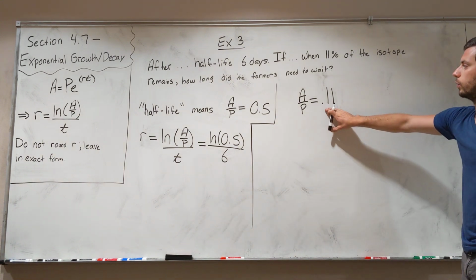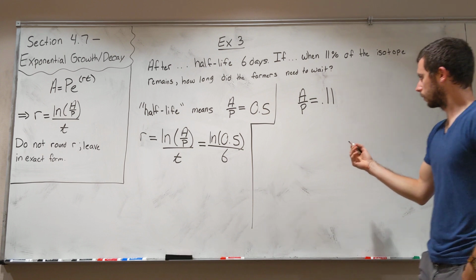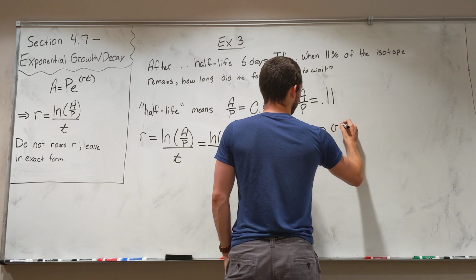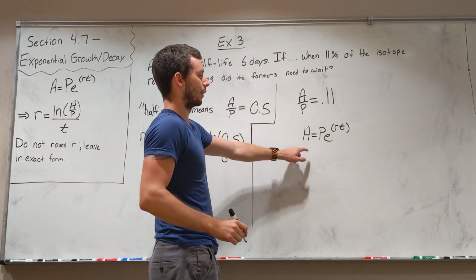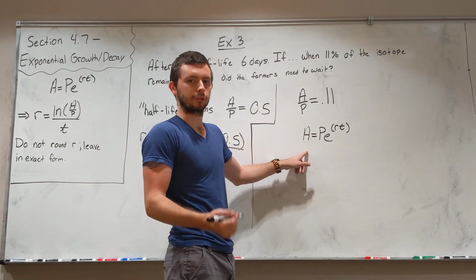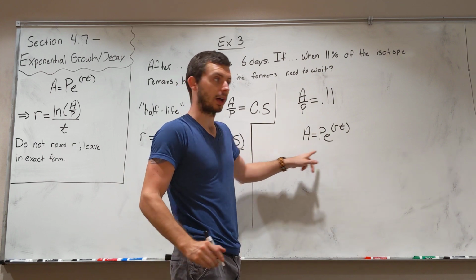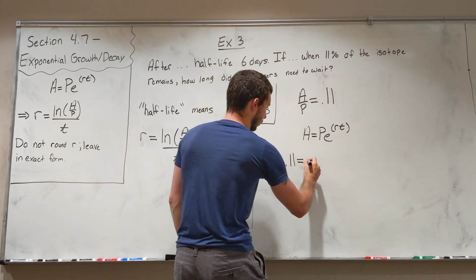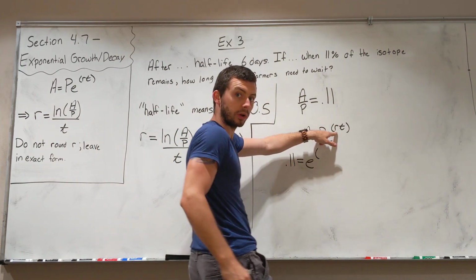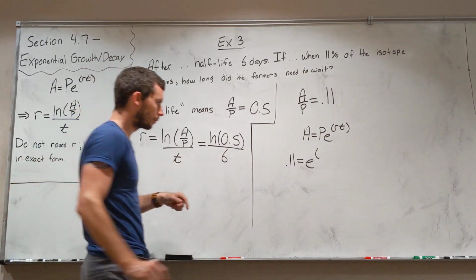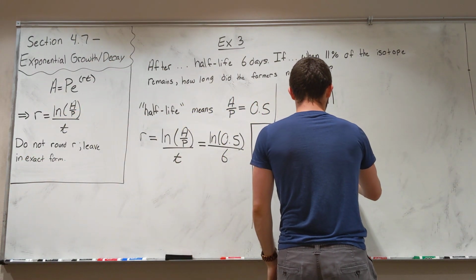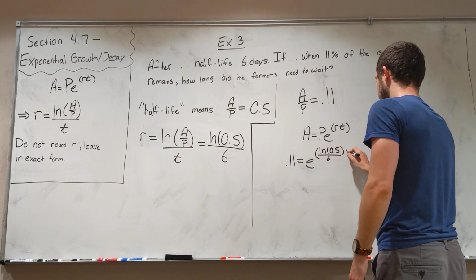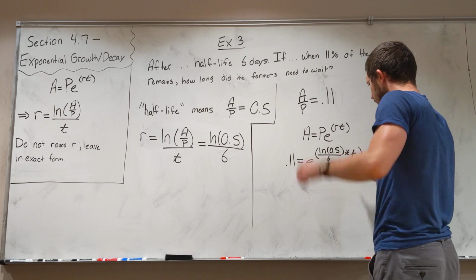And so once you figure out this, if you look at the PERT formula and realize A and P, you don't know the values explicitly, but if you divided P on both sides, you would get 0.11 is equal to e raised to the rate, which we found over here, divided by 6 times time.